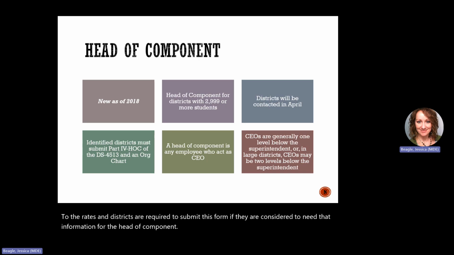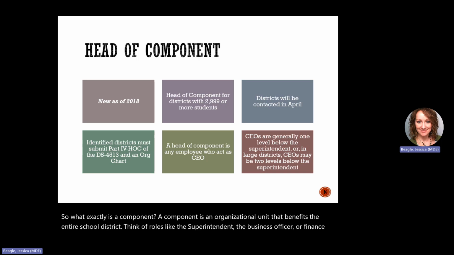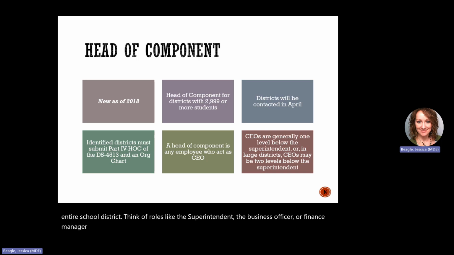So what exactly is a component? A component is an organizational unit that benefits the entire school district. Think of roles like the superintendent, the business officer, or finance manager, or the CFO. On an organizational chart, these CEOs are typically one level below the superintendent, though for larger districts, they may also be two levels below the superintendent.